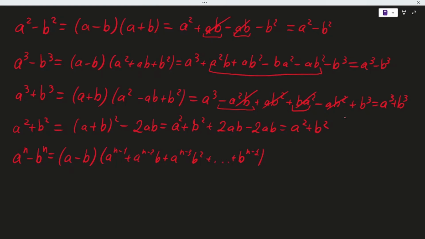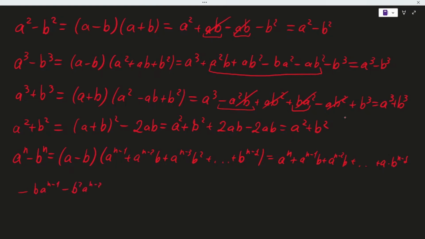And see why it is correct, because if we expand, we will get aⁿ + aⁿ⁻¹b + aⁿ⁻²b², and keep going like this until we reach the last term, which will be a times bⁿ⁻¹. And all the remaining terms will be negative: −b times aⁿ⁻¹, −b² times aⁿ⁻², and so on.